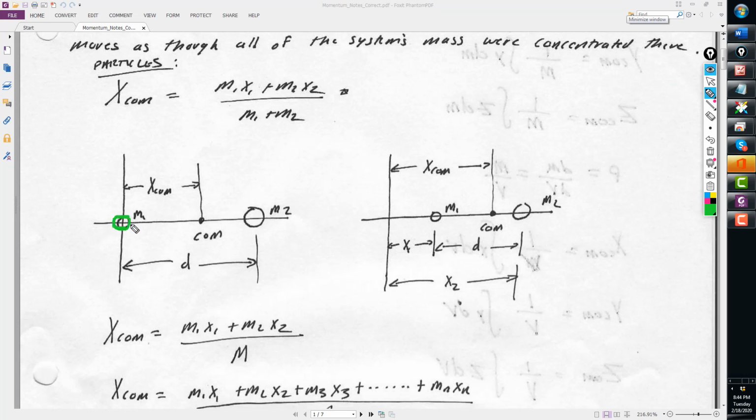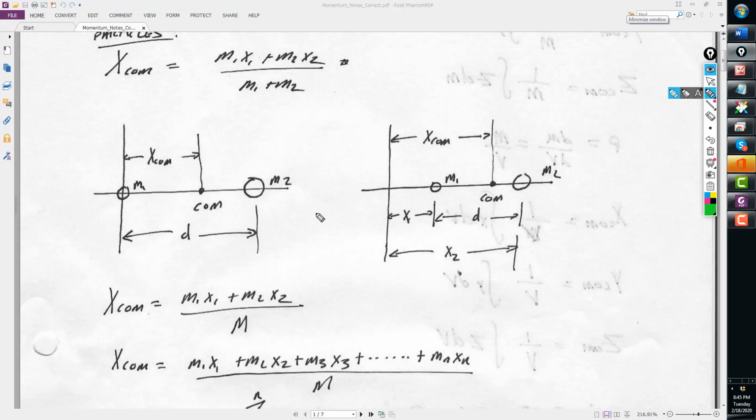So if mass 1, let's say in this situation, is much smaller than mass 2, if mass 2 is greater, that center of mass is going to be closer to the bigger mass. If they're equal, it's going to be right in the middle. Notice that center of mass doesn't change even if I start my origin over here. It's still between these two masses and closer to the bigger mass in this case.